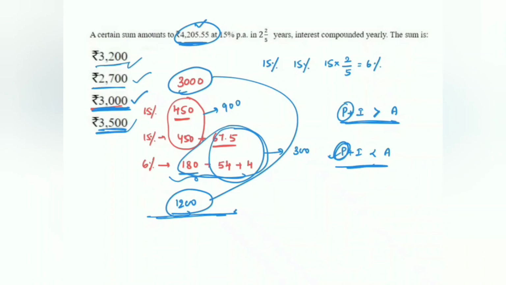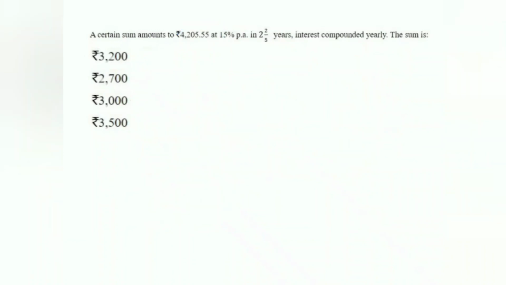You can also do it by using fractions, but that is extremely calculative. Let me tell you, first 15%, then again 15%, then 6%. So we have principal into 15% increase, 115 by 100, that is 23 by 20. Again 15%, 23 by 20. Again 6%, you can say it is 53 by 50, which is equal to 4205.55.